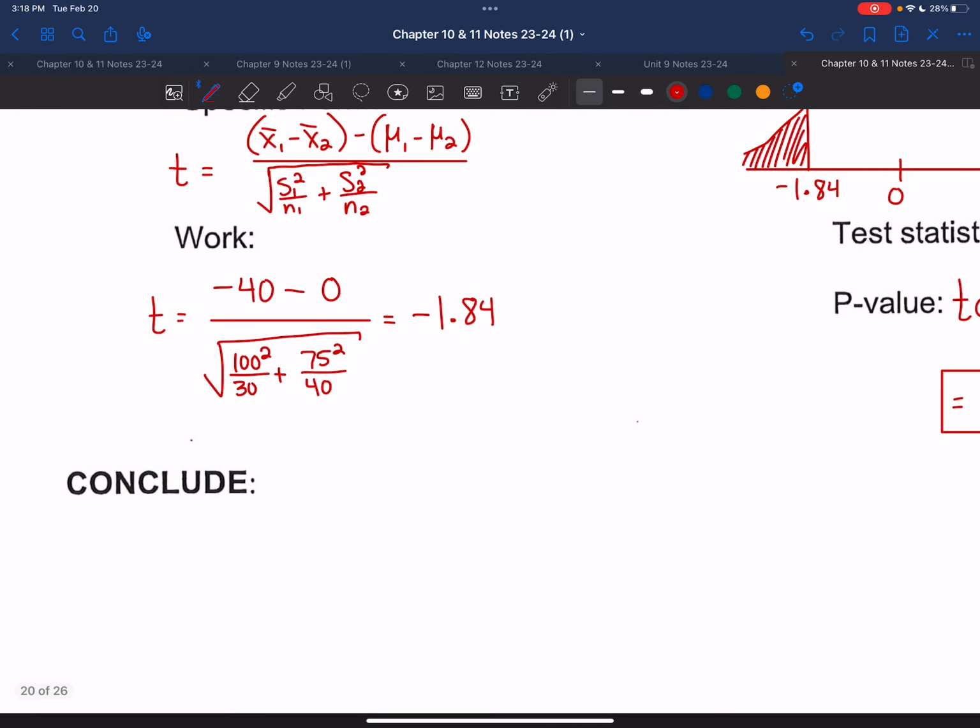So if I'm writing a conclusion here, okay, 5% significance level. So first off, I need to interpret.